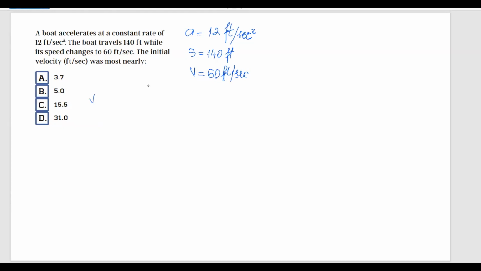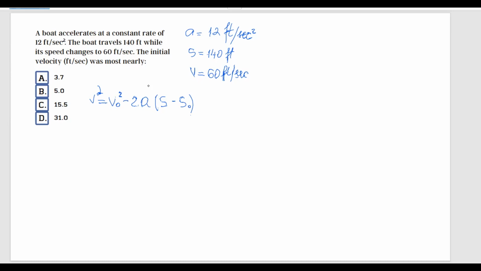So we have v squared equals v0 squared, okay, v squared equals v0 squared minus 2 multiplied by the acceleration and multiplied by final distance minus initial distance.